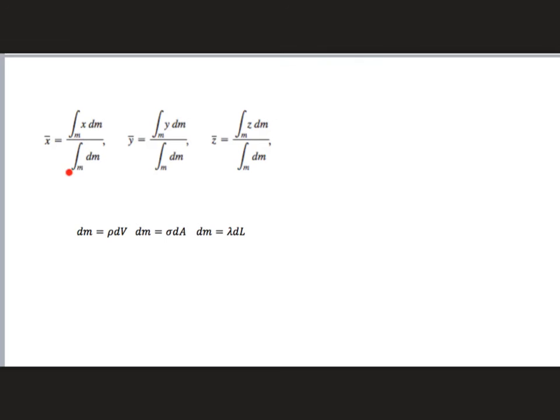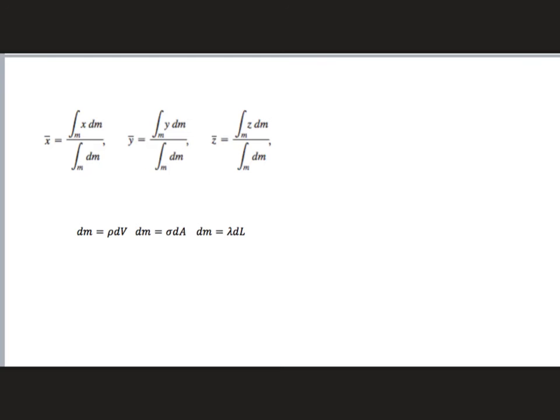Now we know this lower denominator integral means add up all the little pieces of mass, and what's that going to give you? Same as before, the denominator is going to give you the total mass of the system. Now this numerator here, x dm, we have to be a little bit more clever and figure out how to integrate this, because the location of the little piece of mass can depend on where it's located. So we have to figure out how to represent this dm in a way that can be integrated.